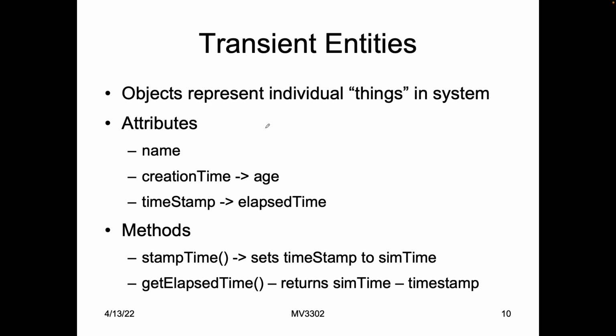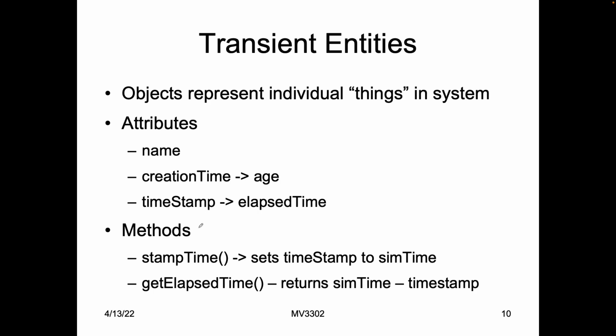So the entities that are built in, that we can assume we already have, will have these three attributes: a name, a creation time, and a timestamp. And then implicit attributes would be the age and the elapsed time.